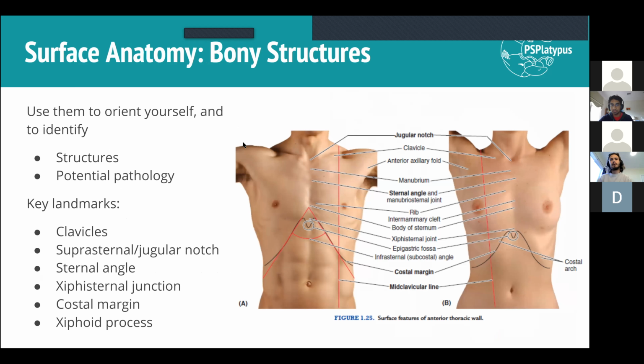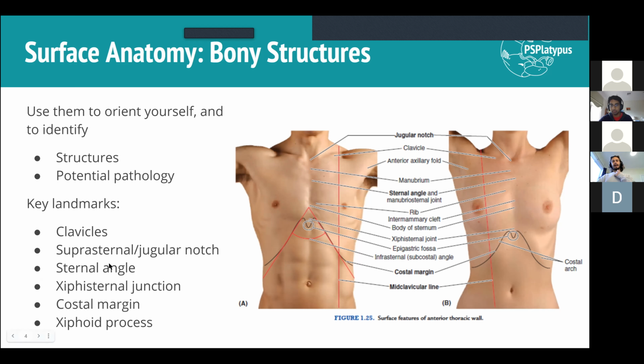The key landmarks we want to be thinking about for the thorax are the clavicles, the bones up here that I think you have covered in upper limb. Then the suprasternal or jugular notch, which is just here. It's that meeting of the clavicles and the manubrium, that sort of gap there.